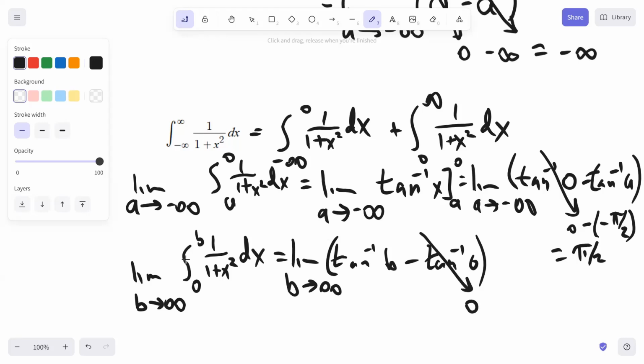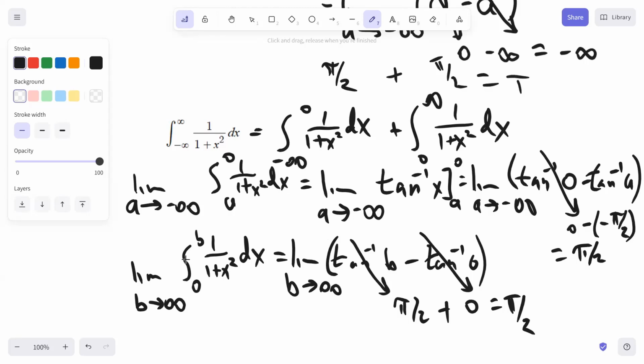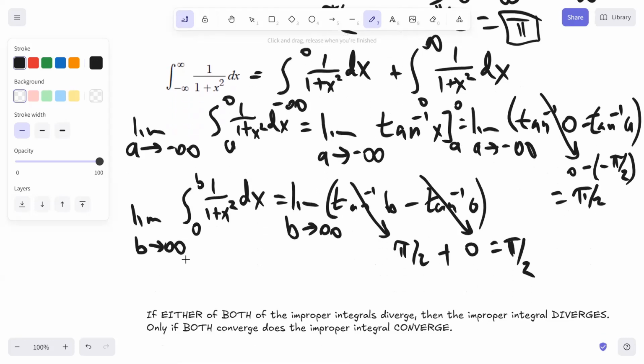Tangent inverse of b as b approaches infinity is going to approach pi/2. Plus 0 gives us pi/2. So we know that the first one is pi/2. The second one is pi/2. So the overall limit for both of them adds to pi. So the integral converges, and it converges to pi.